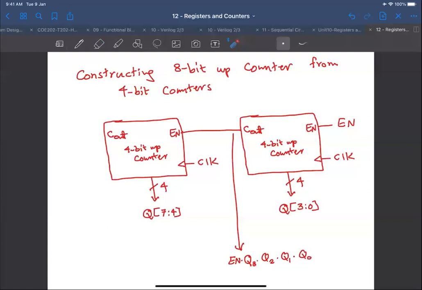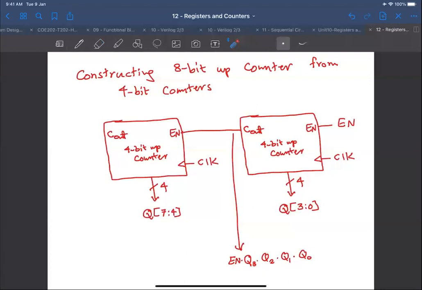It's an overflow. So it means that if you add 1 to all ones, you'll have a carry out here. So you can think of it this way. But also you have to have your enable is 1. So this output here is nothing but the ANDing of these bits here, Q3, Q2, Q1, Q0, ANDed with enable, because we must ensure that we are enabling the counting.